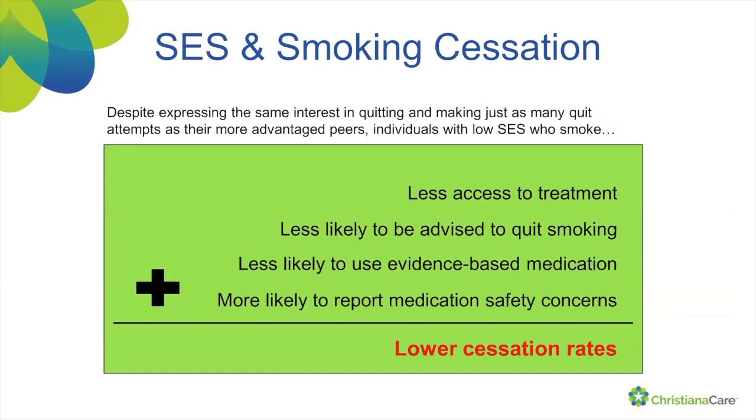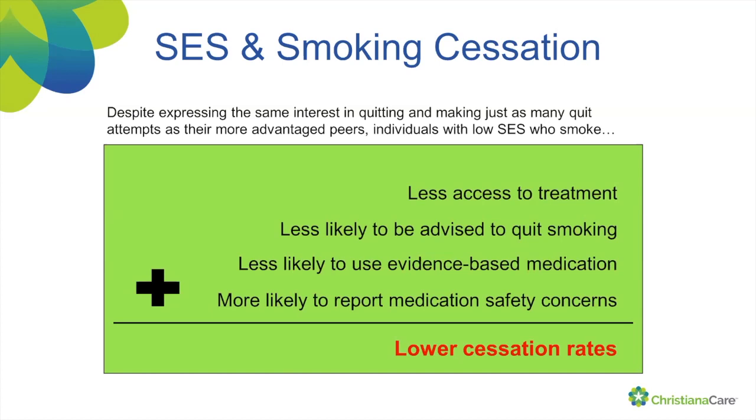So the link between socioeconomic status and smoking cessation has been pretty well studied at this point. And dispelling any myths that people who are of lower SES are any less interested in smoking cessation, the research shows clearly that individuals, regardless of SES, are just as interested in quitting smoking and make the same numbers of quit attempts every year.